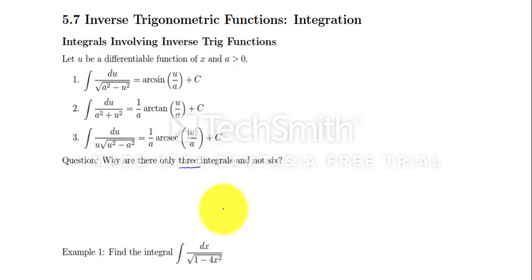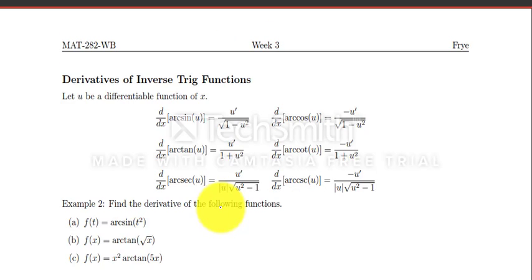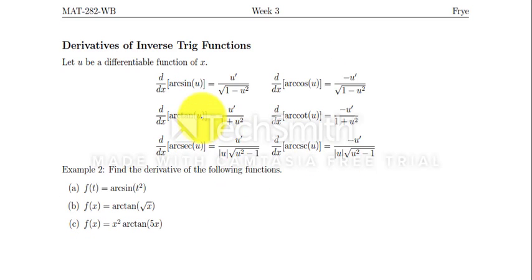Now, if you take a look back in section 5.6 and compare the formula right here, derivative of arcsine and derivative of arccosine, the expression right here is almost exactly the same except just the sign difference. Same thing can be said about arctangent and arccotangent, arcsecant and arccosecant.